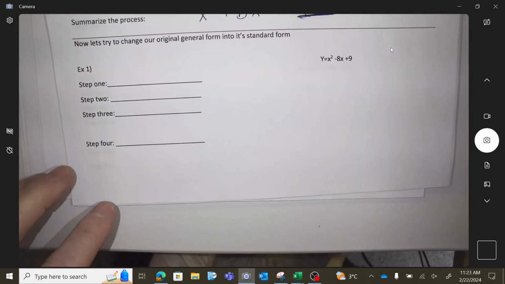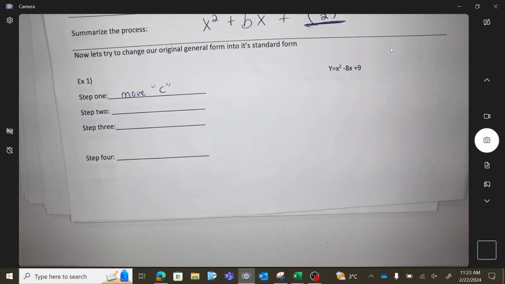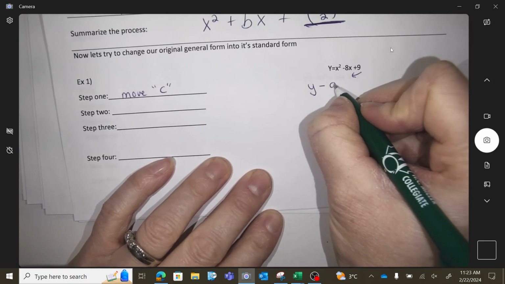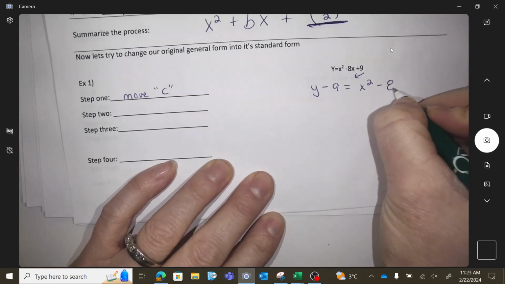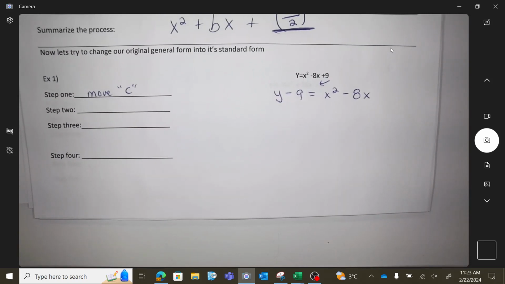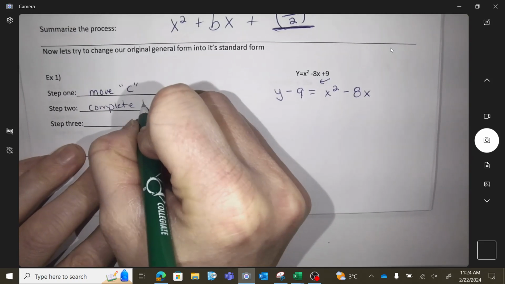Okay, so step 1 is move the C. Move the C. Step 2 is called complete the square.